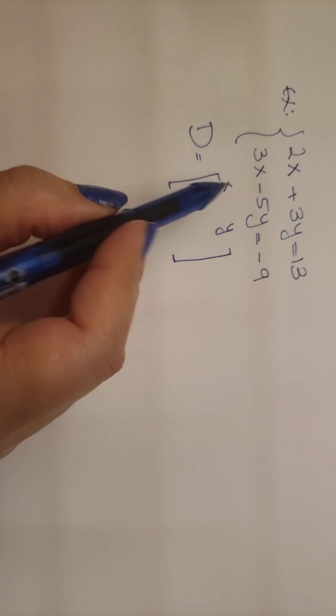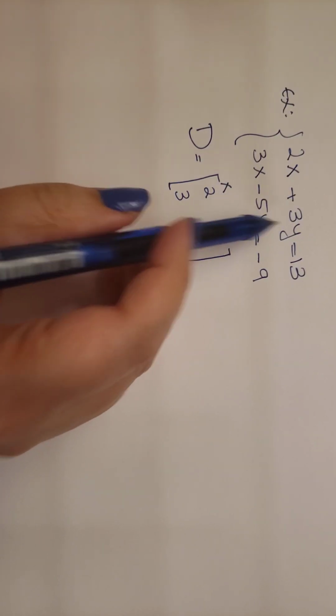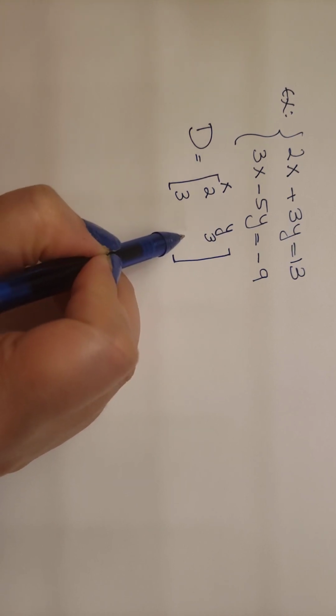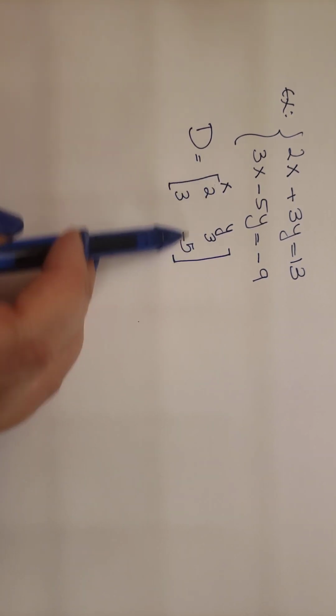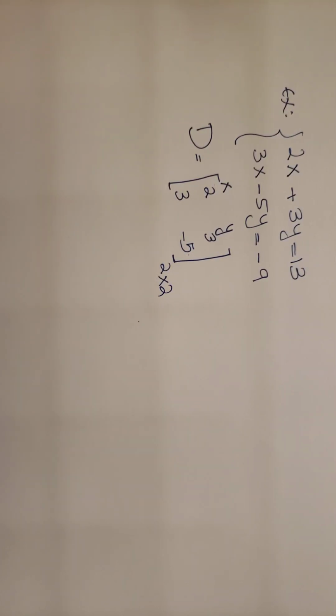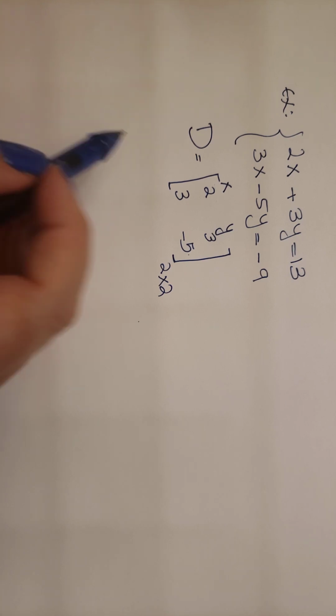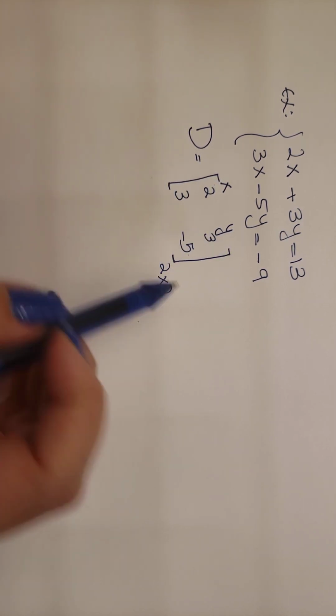The x column would be 2 and 3. The y column would be 3 and -5. So what is the size of the matrix? Number of rows by number of columns, which is 2 by 2. Remember, this is the matrix and this is the symbol we use.